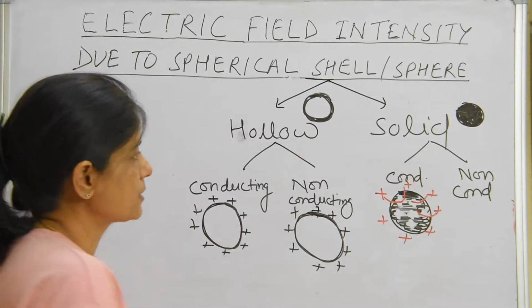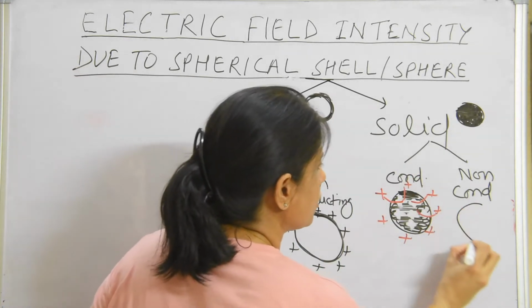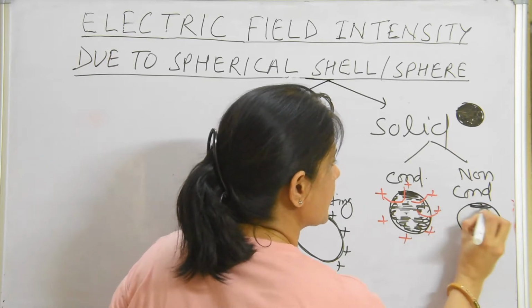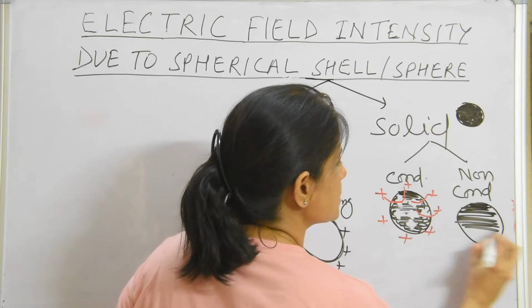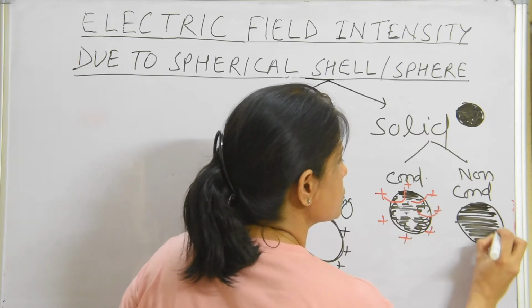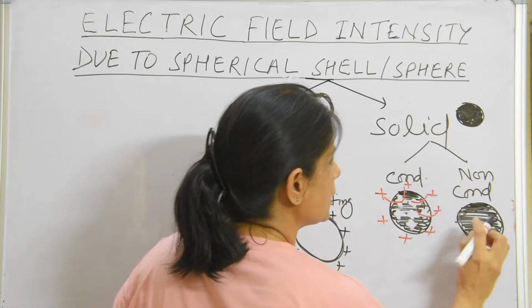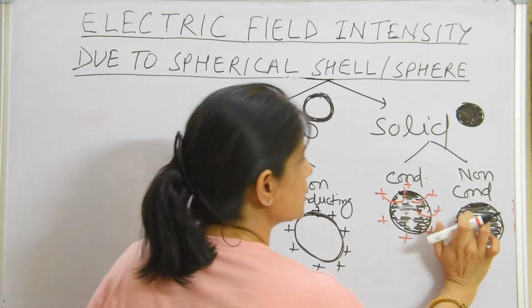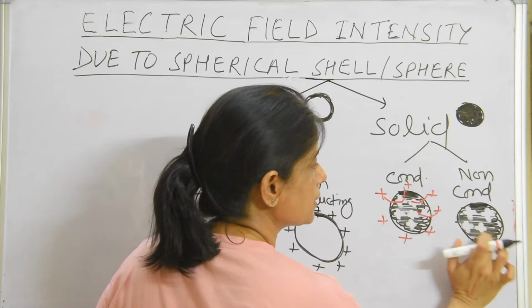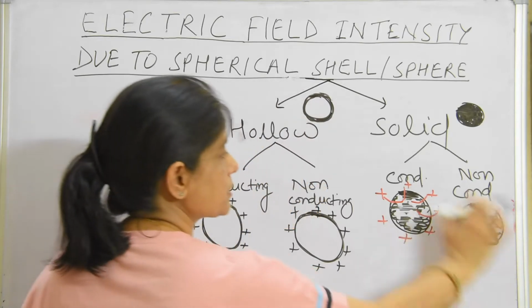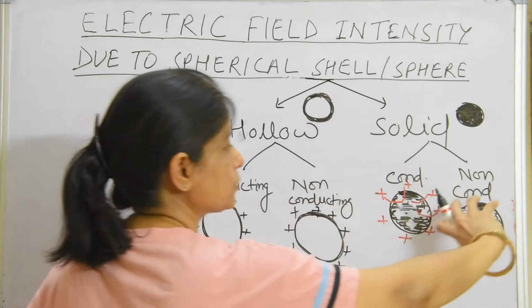Now see the condition of a non-conducting solid sphere. As it is non-conducting, if you give charge to it, suppose you are giving positive charge, this positive charge would spread through its volume.